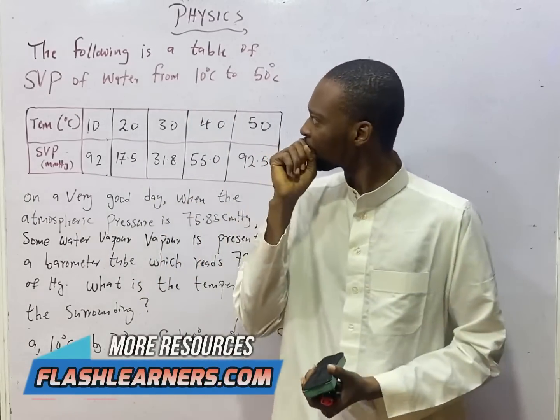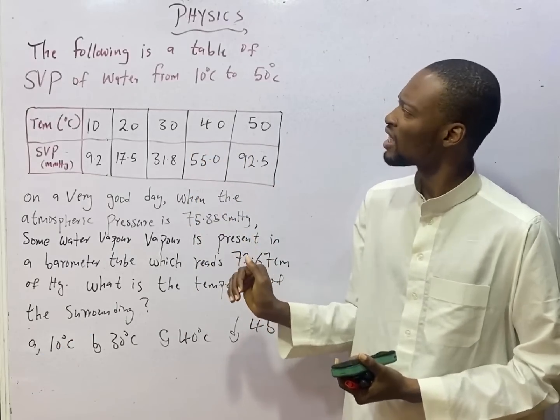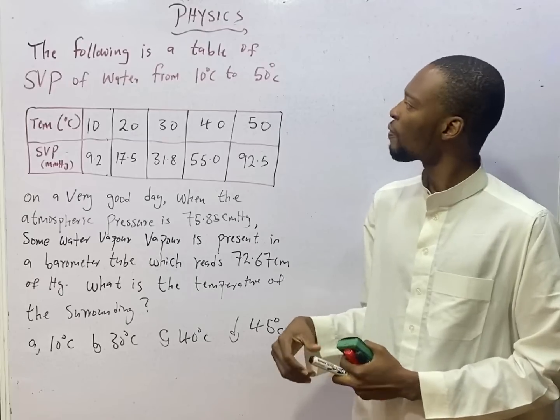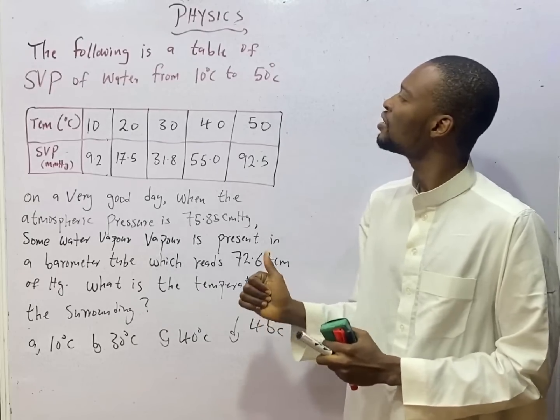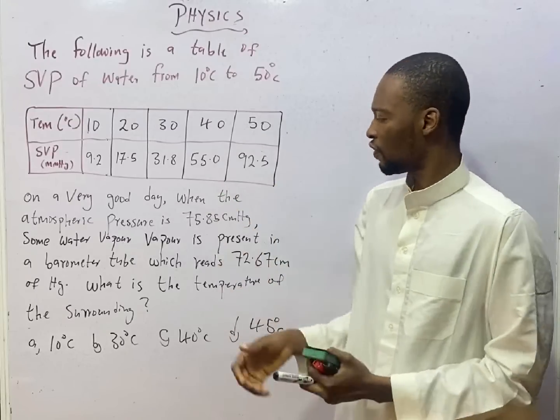It says, the following is a table of saturated vapor pressure of water from 10 degrees Celsius to 50 degrees Celsius. Saturated vapor pressure of water.